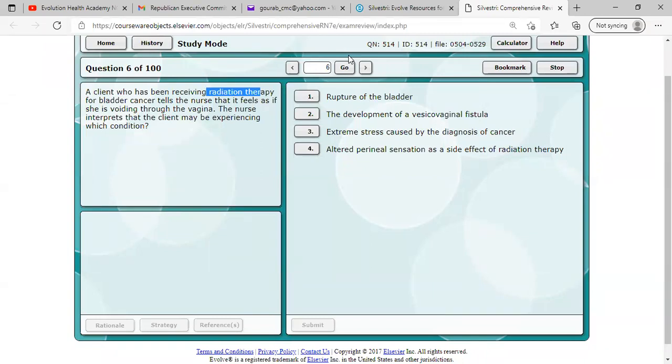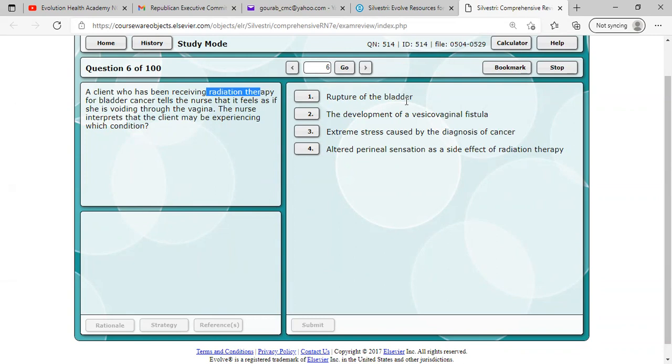In patients who have bladder cancer, common symptoms include blood in the urine or pain with urination. Whatever it is, the question here is that the patient wants to void, but urine passes through the vagina. Definitely there's some problem, right?